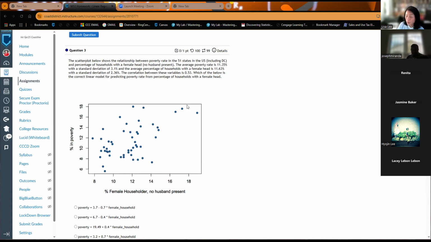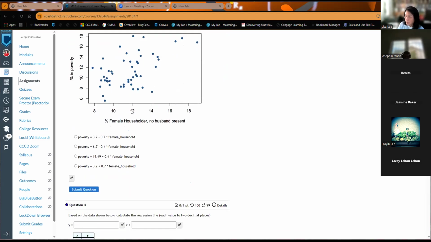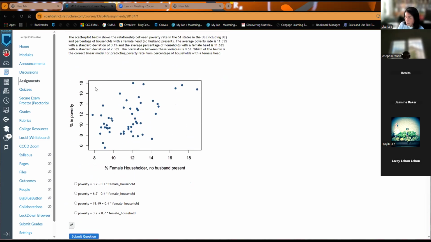You don't need to worry about that. Those percentages are for you to get knowledge about some social study of income. So how can we decide which of the below is the correct linear model for predicting the poverty rate from the percentage of households with a female head?